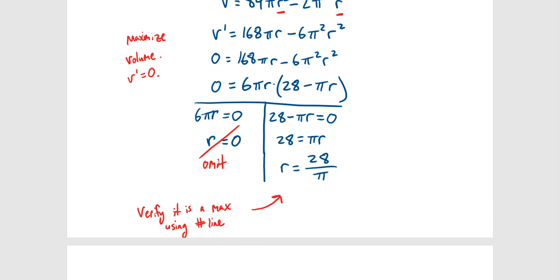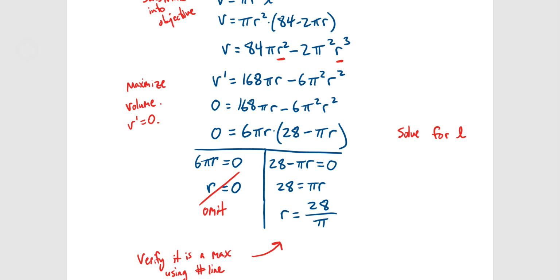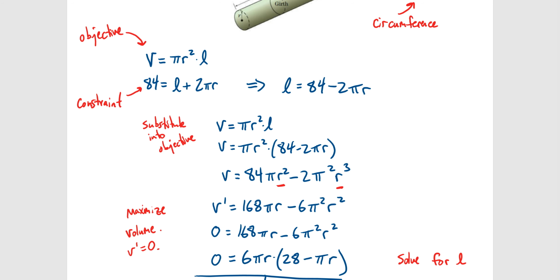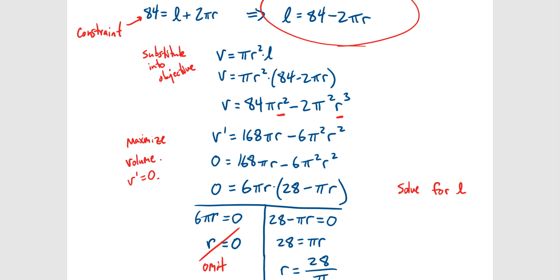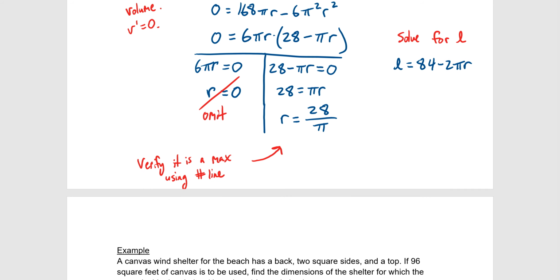And then the last step here is going to be solve for L, the other dimension. And to do that, we have to use, right up here, once again, the constraint. The other variable is always going to be solved for you because you solved for it before. And all we have to do now is plug in our value for r.